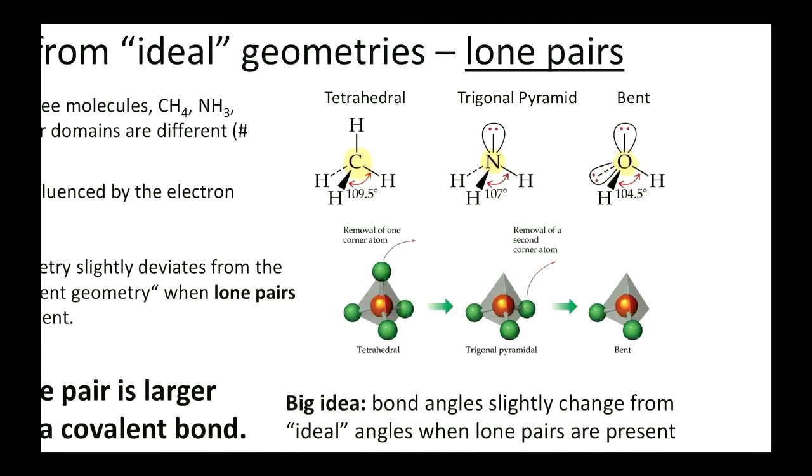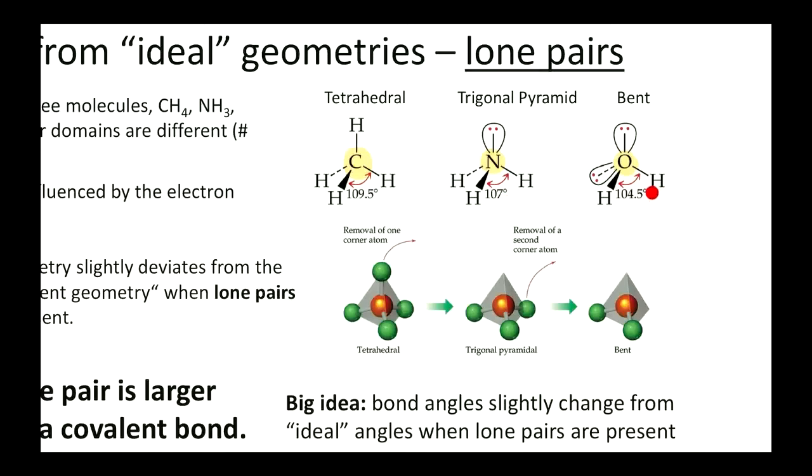But when we actually measure the bond angles in these molecules, we see that they're a little bit different than our 109 number that we typically think about with tetrahedral. If you measure the bond angle in methane, you would in fact measure 109.5. But if you measure the bond angle in NH3, it's still a tetrahedral electron geometry, but you don't measure 109.5. You measure something closer to 107.